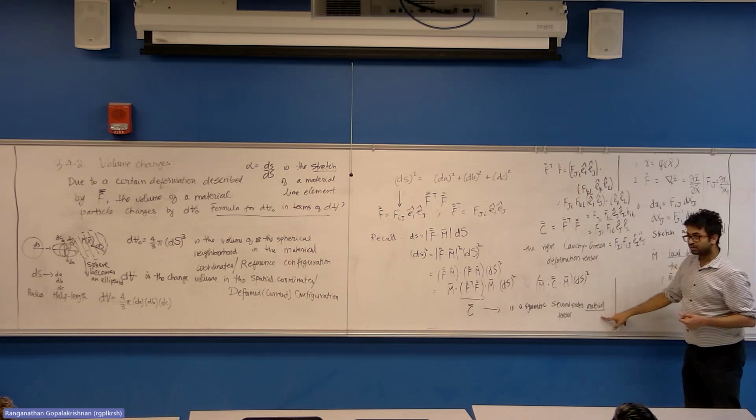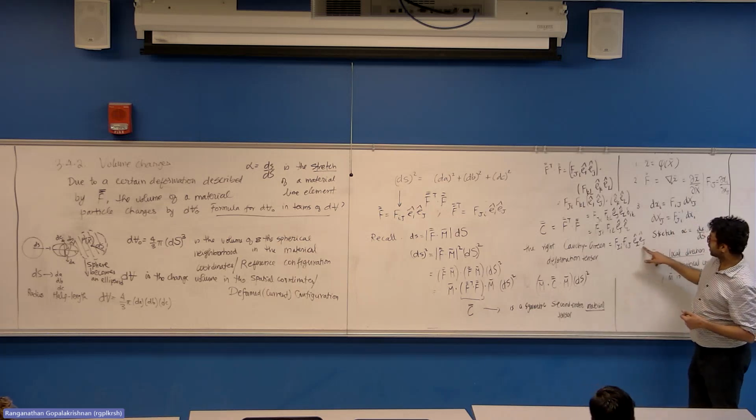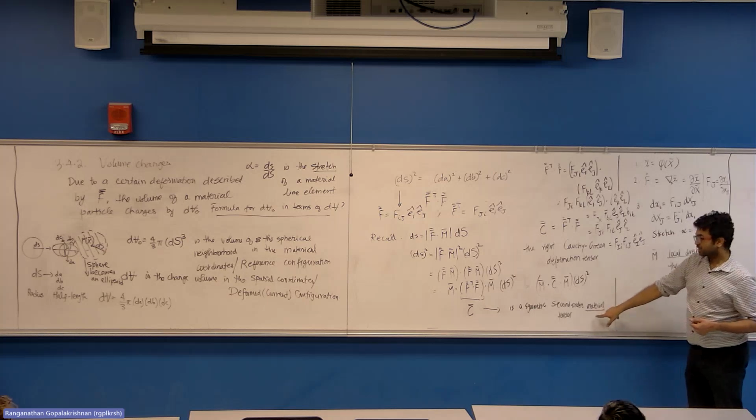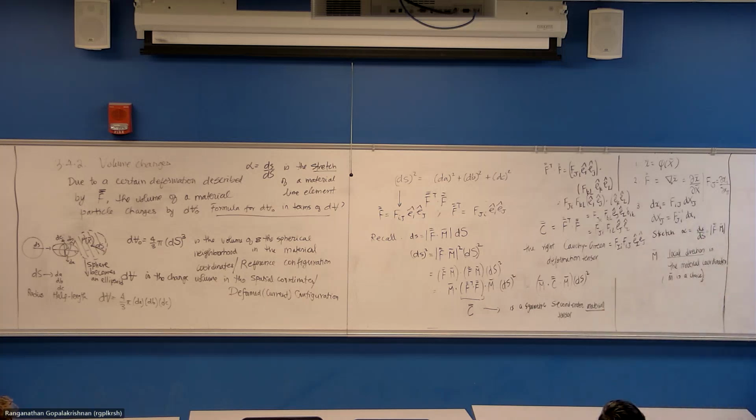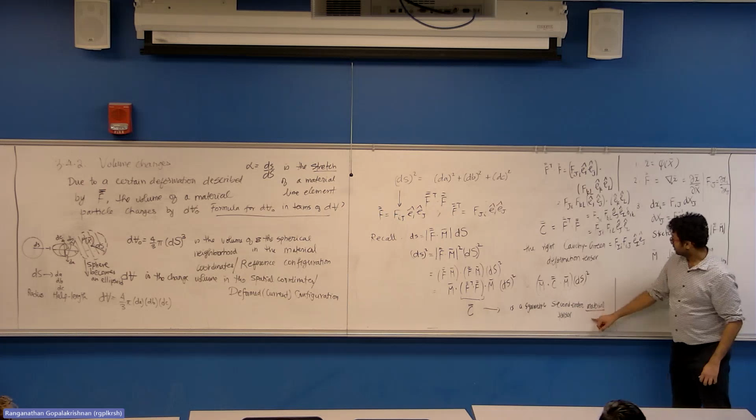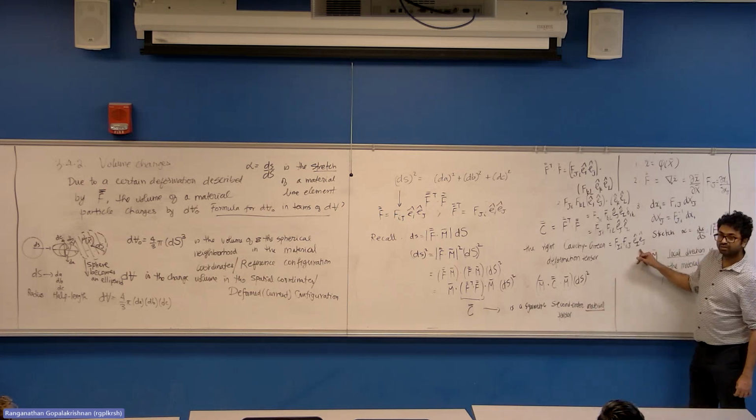A material tensor draws both basis vectors from the material direction. We are going to see what is called a spatial tensor, which would have both basis vectors coming from the spatial coordinates.